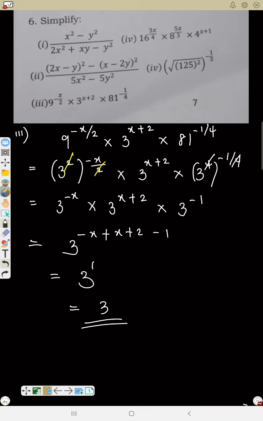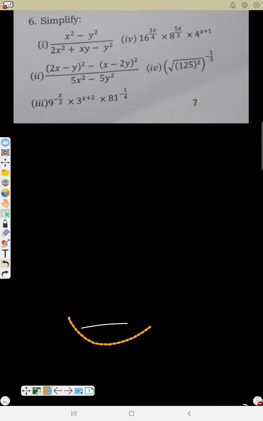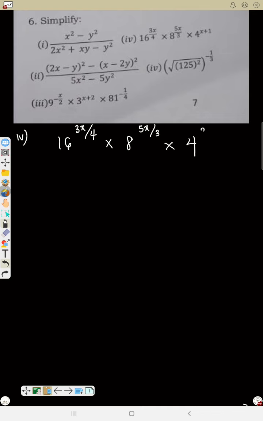So let's say IV. I have two IVs, maybe it's a typo. This is IV, this is another IV. So I'm taking this one first as IV. 16 raised to power 3x over 4, times 8 raised to power 5x over 3, times 4 raised to power x plus 1.